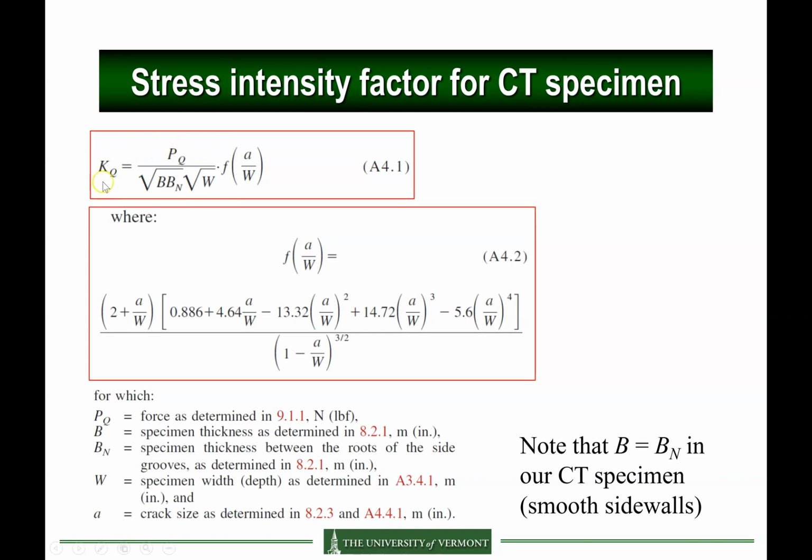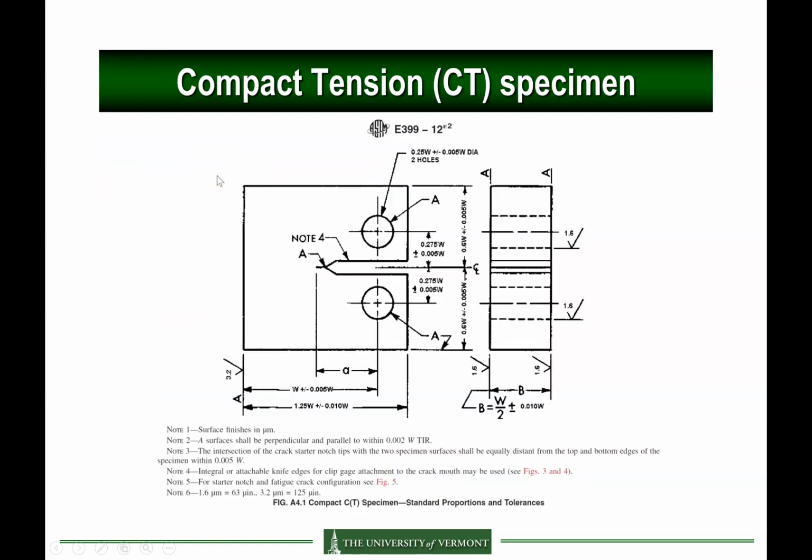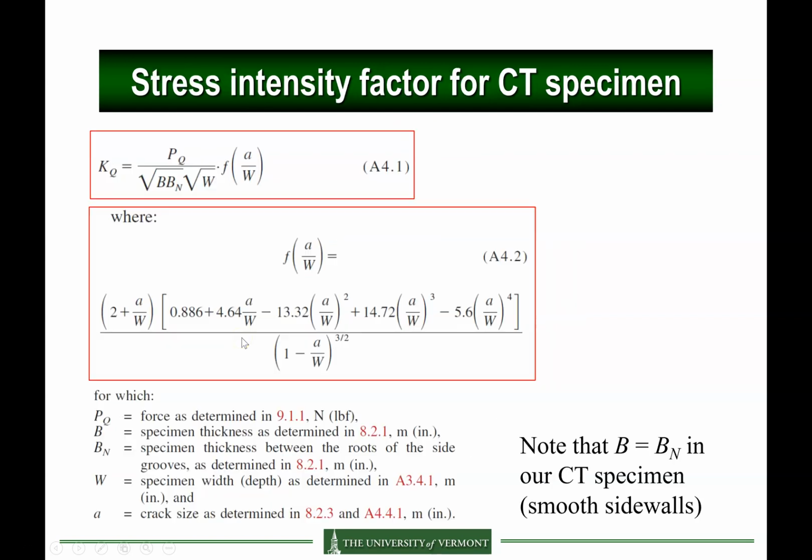Let me just explain quickly the formula. So this is K, the stress intensity factor in mode 1 loading. That is, we're in opening mode, so opening the crack here in tension. P is the applied load. W is the width I mentioned earlier. Okay, so that's W from here to the end.